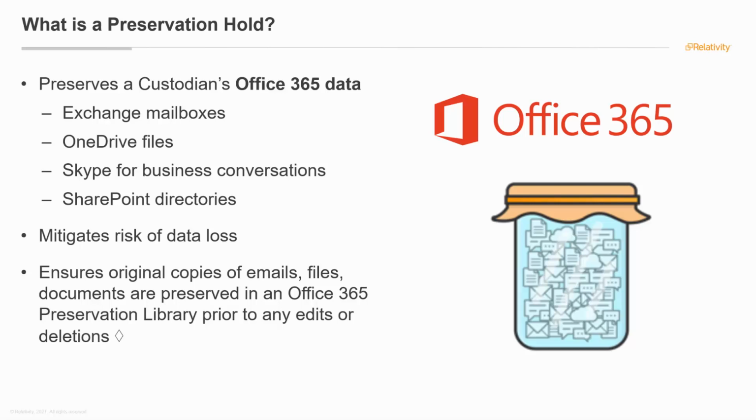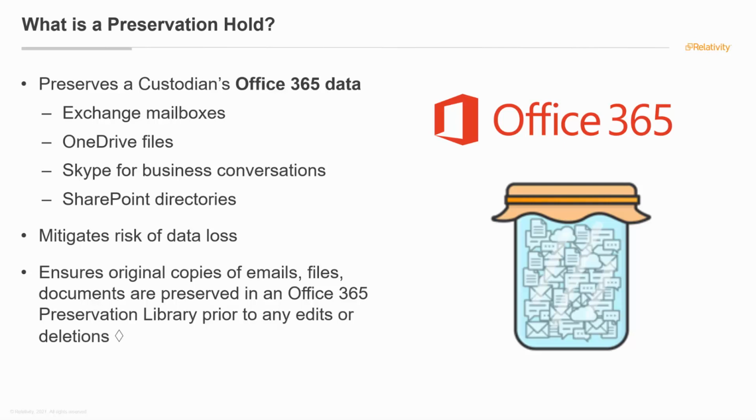Now, this feature mitigates the risk of data loss, prevents the need to overcollect data, and provides a defensible way to preserve data during a litigation hold. So this really ensures that original copies of emails, files, and documents are preserved in an Office 365 preservation library prior to any edits or deletions.